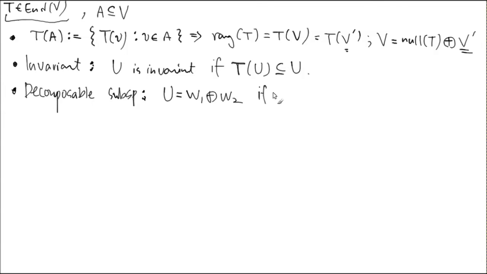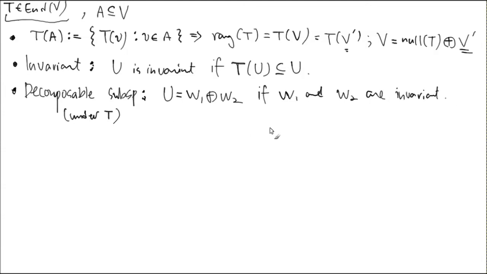If W1 and W2 are what? This is decomposable under T. That's the thing that I'm emphasizing here. We're saying that W1 should be invariant under T and W2 should be invariant. That's the idea. So W1 and W2 are invariant.